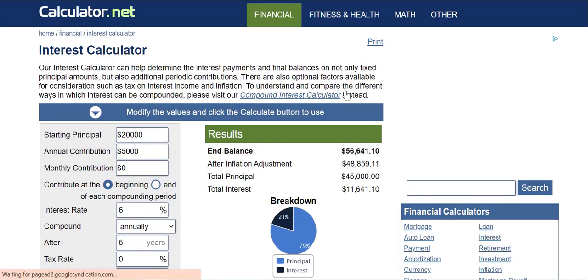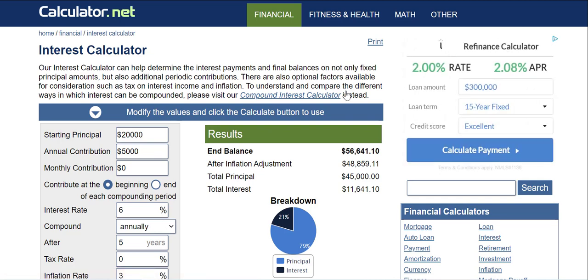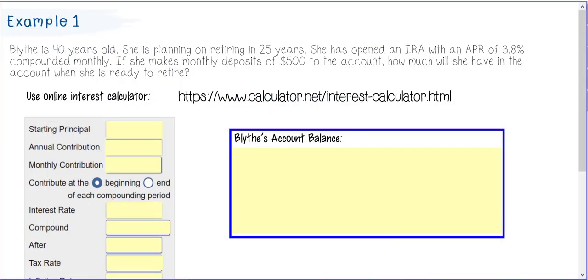On calculator.net, it takes you to this interest calculator. I'm just going to go back to the page because I screenshotted everything. On here, we need to find the information that we want to use.